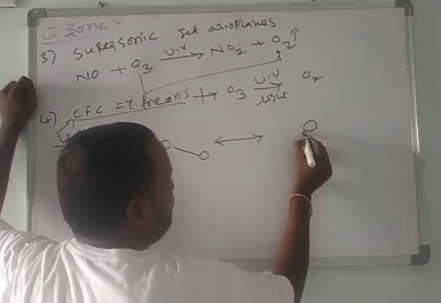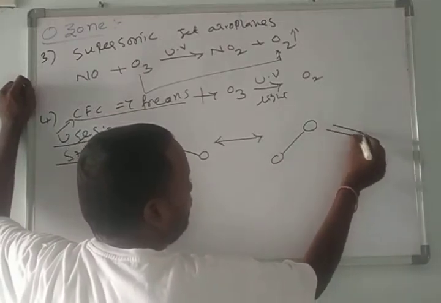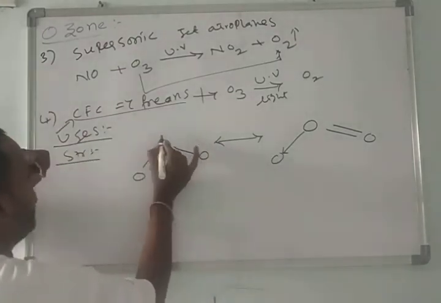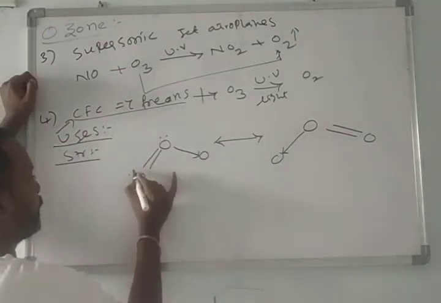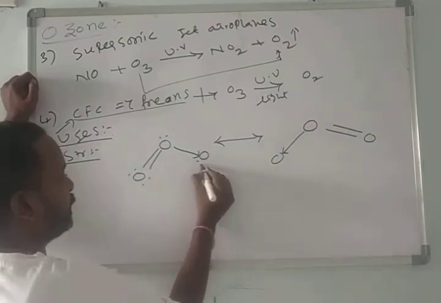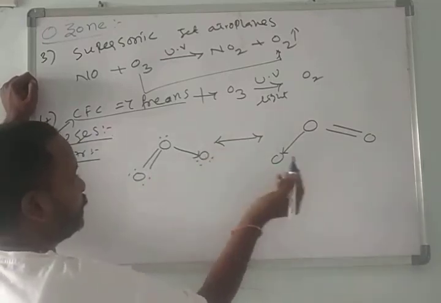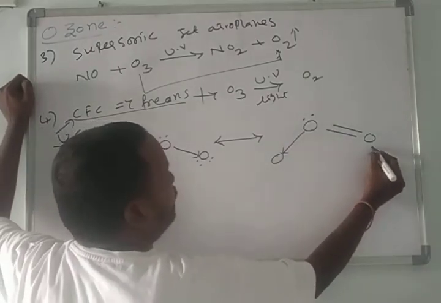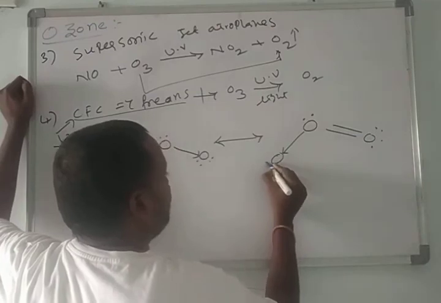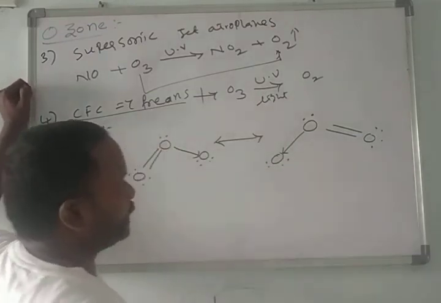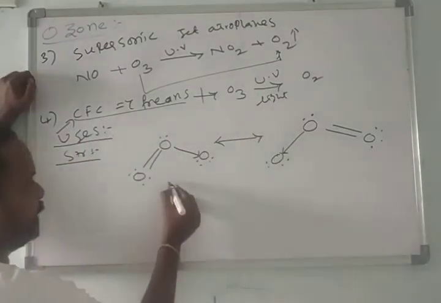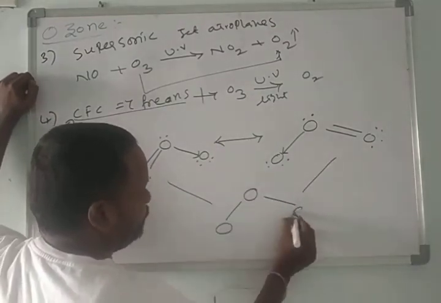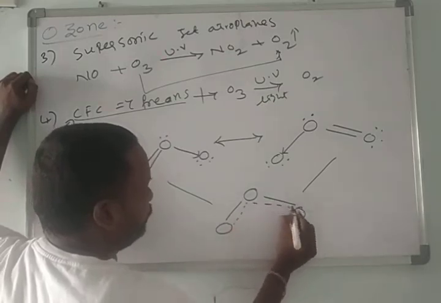Here one lone pair, here two lone pairs, here three lone pairs; two lone pairs, here also the same one lone pair, here two lone pairs, here two lone pairs. This is the coordinate covalent bond. And then we'll have the resonance hybrid of ozone.